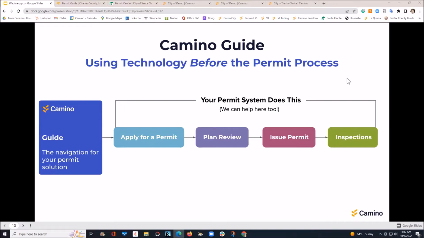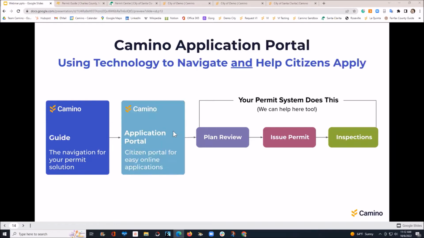At the end of our guide, we many times recommend that we can link to training on your permit system, or even link to the permit system, not that that's truly integration, but tying them back. So let's say a week or two later, after they generated their guide for their information, they're ready to go. We can link them over there, and they're off to the races with your permit system.